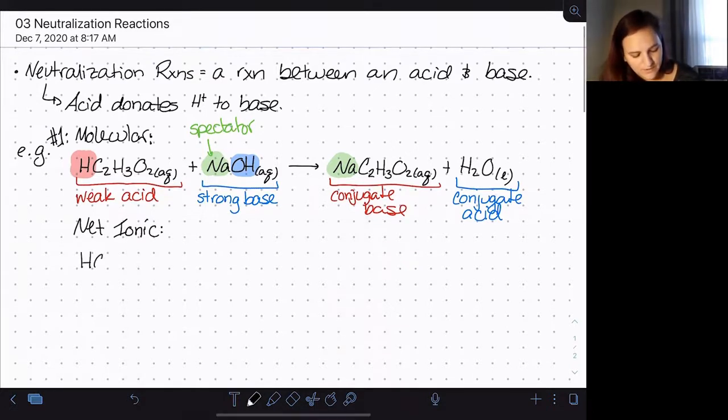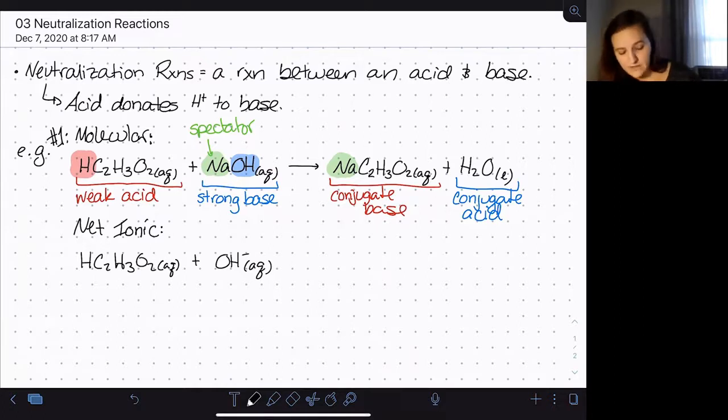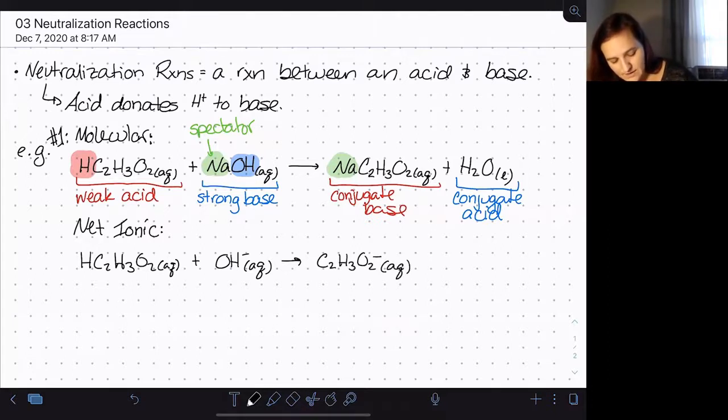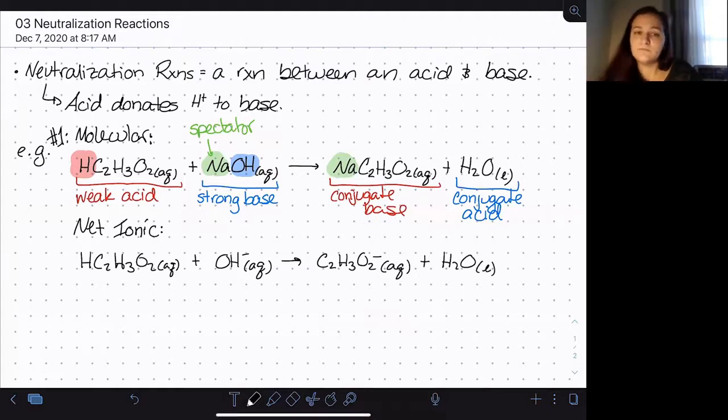What's actually happening here is that our acetic acid is really reacting with the hydroxide ion, and the sodium doesn't have anything to do with it. When the acid donates a proton to the hydroxide, this doesn't look like a double replacement anymore because we removed that spectator. We just have the acetic acid losing a proton to become an acetate ion and a hydroxide ion gaining a proton to become water.